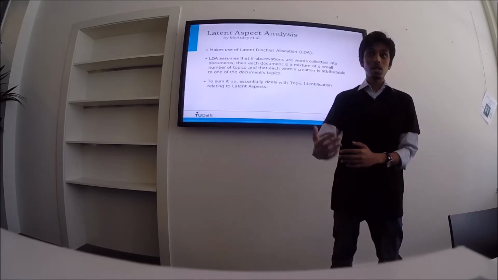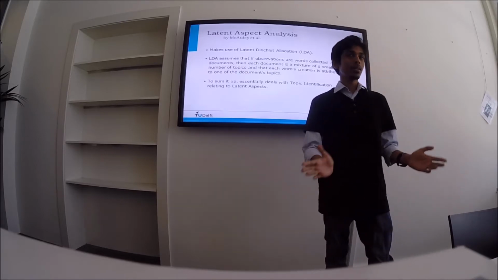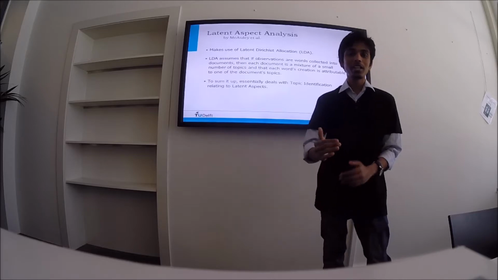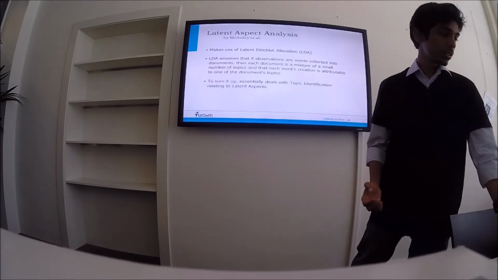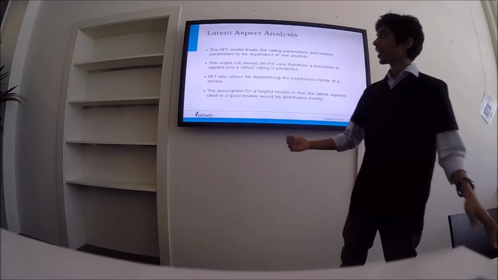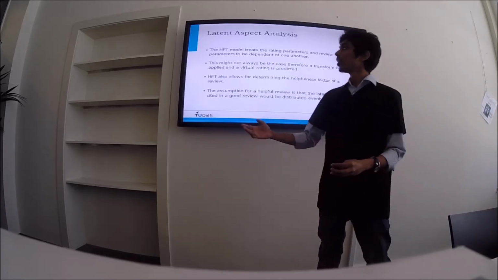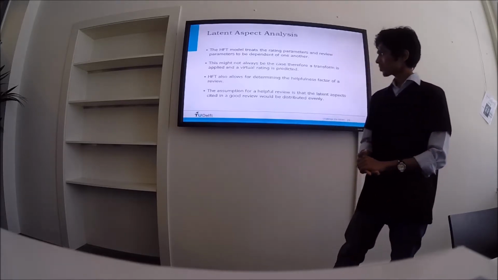These topics are actually aspects corresponding to an entire document. So yeah, it's more topic identification, but more in a deeper sense than just generic topics and categories. So the HFT is the model proposed by McAuley, and HFT stands for Hidden Factors as Topics.